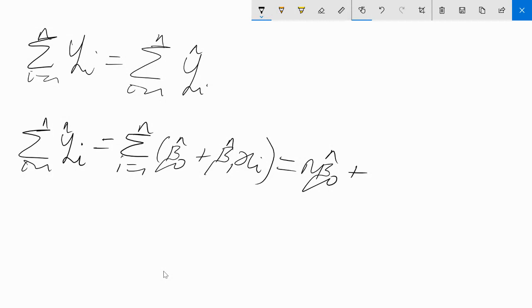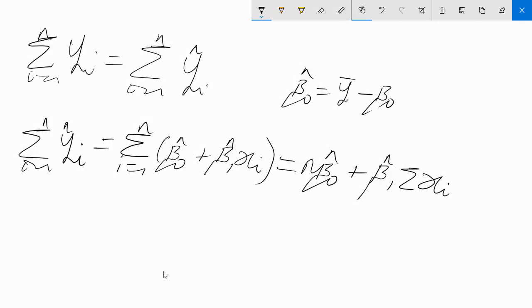Here we have xi and beta 1 hat is a constant, so we'll have beta 1 hat out, multiplied by the summation of xi. And again, we know that beta 0 hat is equal to y bar minus beta 1 hat x bar.